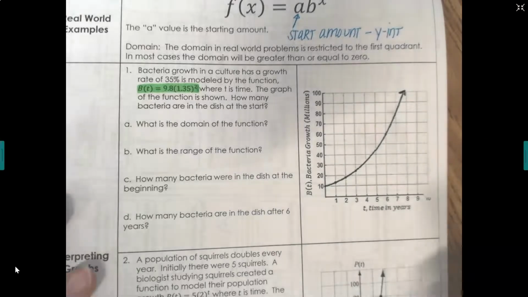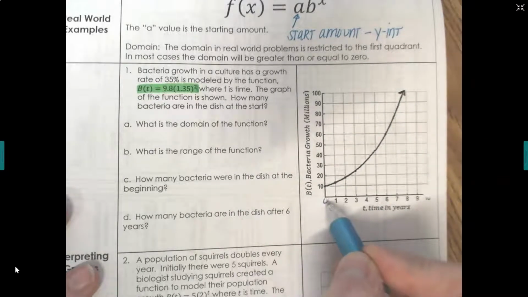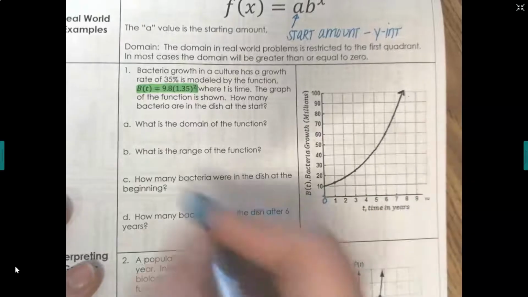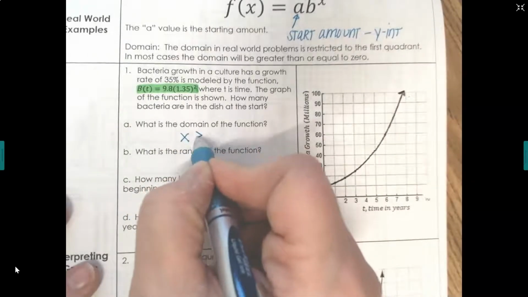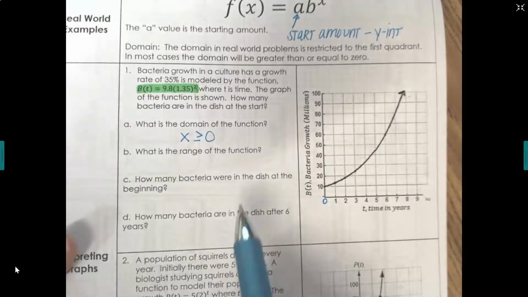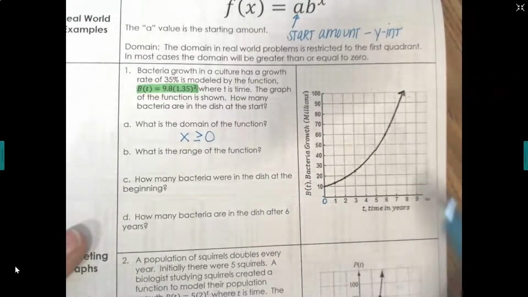Now, for the domain, that's my x values. Okay, the x value right here is 0. And I notice on the other side, it's never going to stop. So that just means all of our x values are greater than or equal to 0. That's our domain because we're starting at 0 and it's never stopping going right.